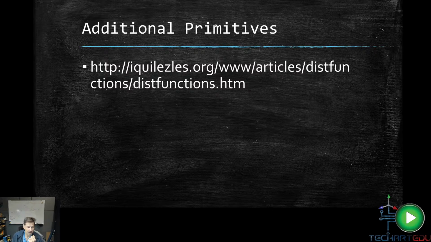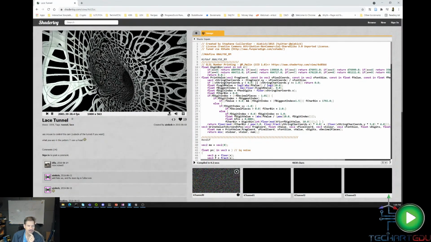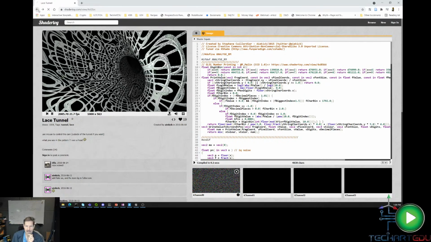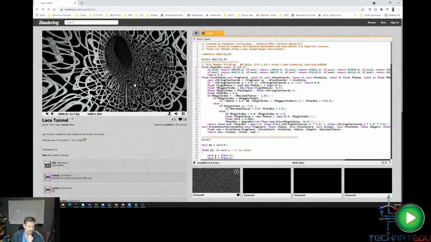And his stuff is really very interesting. In fact, I want to bring up a little bit more of his stuff inside of this shader tool. Ooh, look at that. Descending down the worm tunnel. Very cool. Gotta love these SDFs. All right.